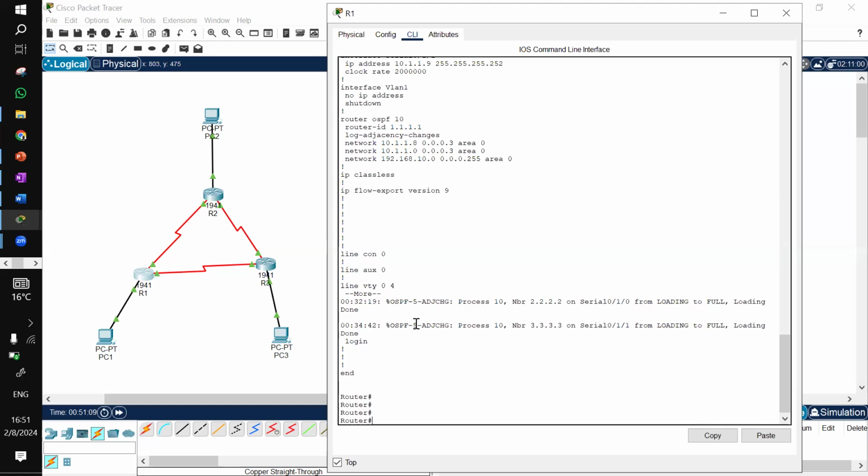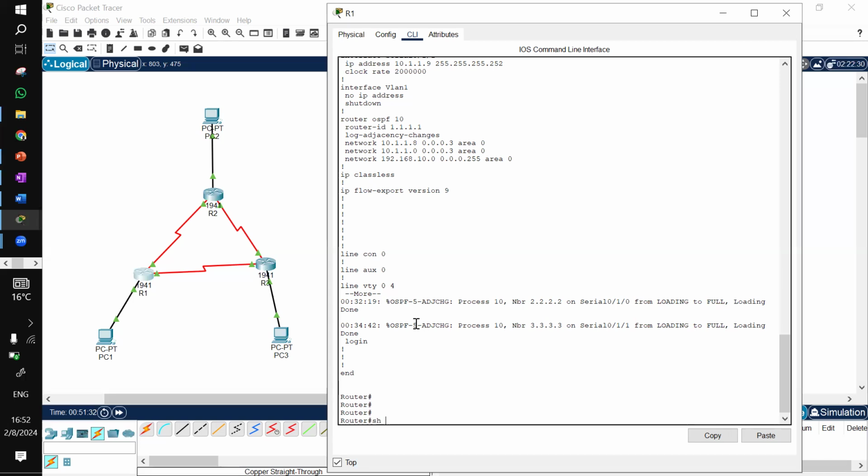The database basically shows you the topology, the whole topology, which routers are in a given topology. Then number three, the show ip route. It shows you the routing table, which routes are being chosen by your router. Right, so let's start with the neighbor.